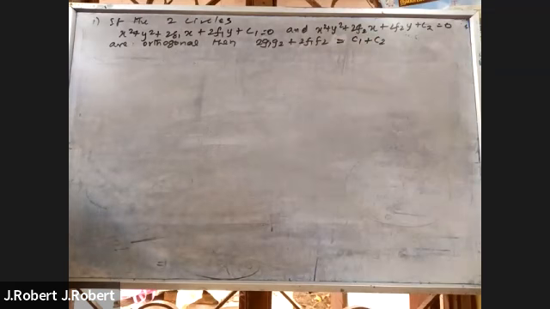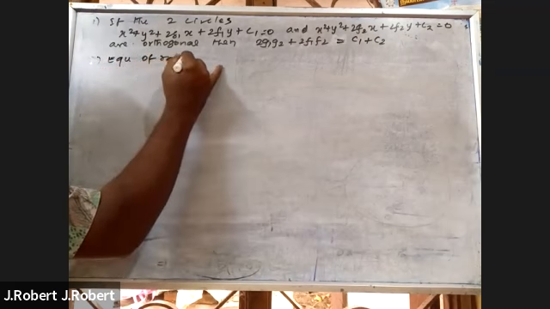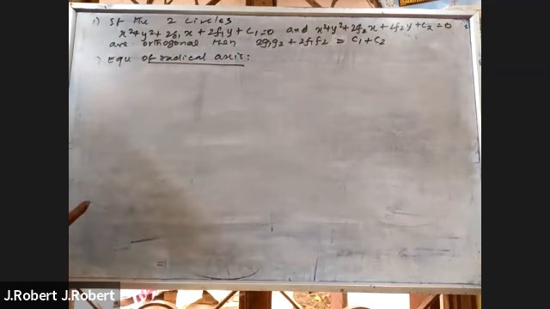The next hint, the second one, is the equation of the radical axis, which means the common tangent.